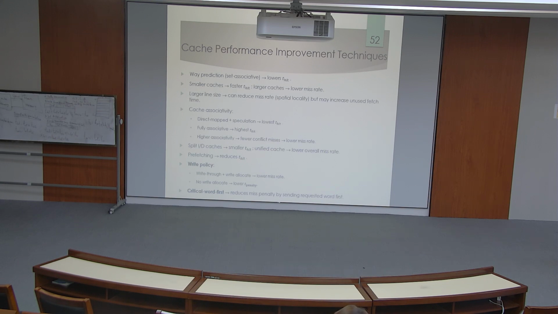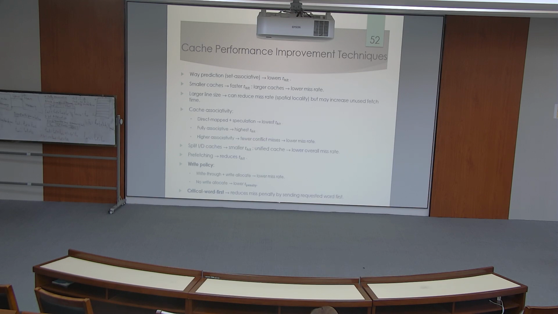It lowers the penalty time. Now, for critical word first, it is very important that the requested word is returned first. This reduces the penalty time as well because the system is sending the requested word first. So these are some of the cache performance techniques that we needed to discuss.